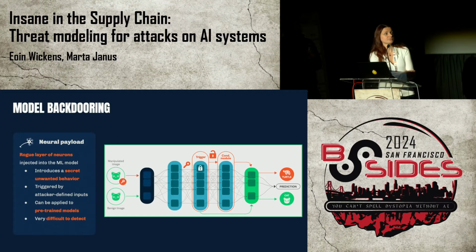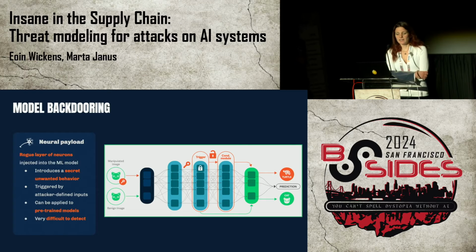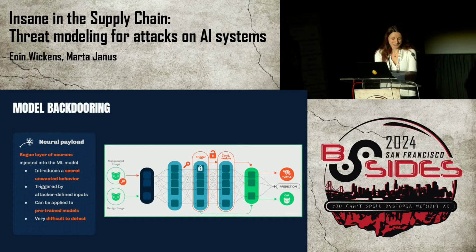Instead, an attacker could inject a layer of neurons inside a machine learning model, which would totally change the model's behavior. So, in very simple terms, the attackers could modify a loan approval model to approve all the applications from people named John, for example.